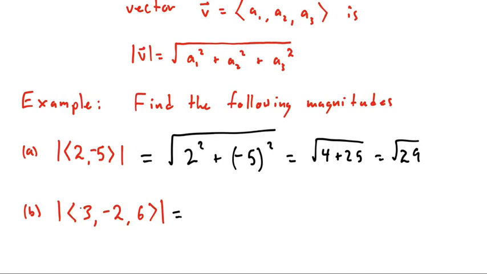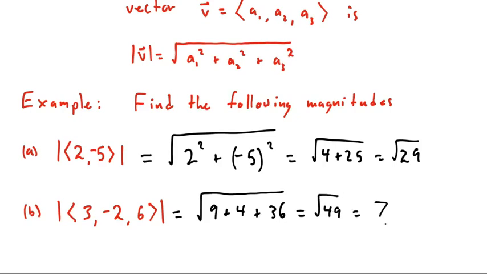In 3 dimensions, we have the same notion, we just add in the third component squared. We have the square root of 3 squared, which is 9, plus -2 squared, which is 4, plus 6 squared, which is 36. 36 plus 4 is 40, 40 plus 9 is 49, so we have the square root of 49, which is equal to 7. So this vector has a magnitude or a length of 7.